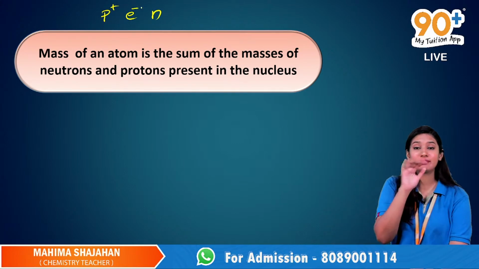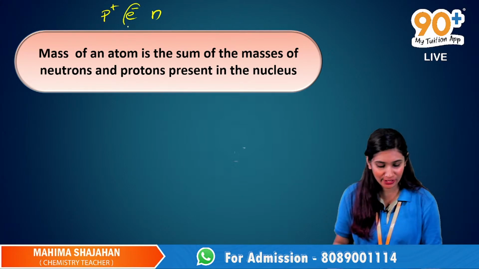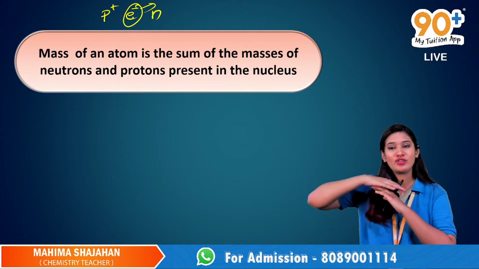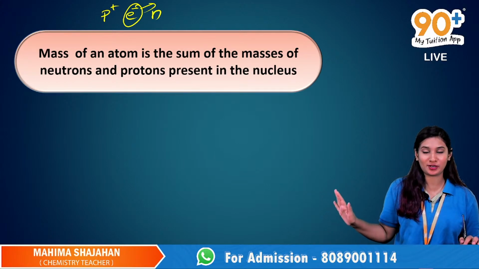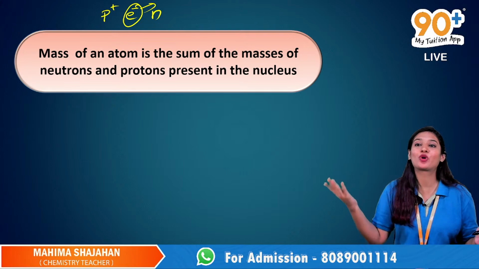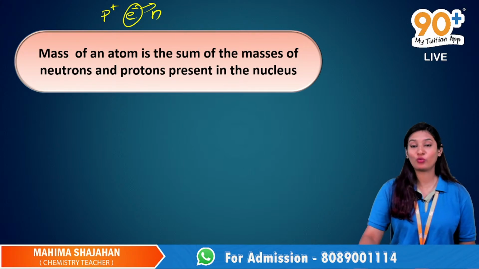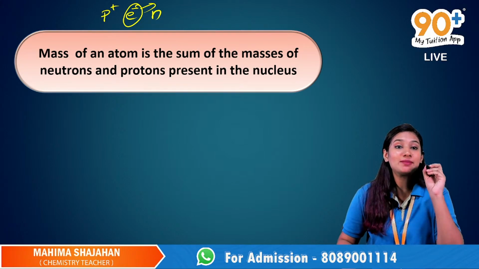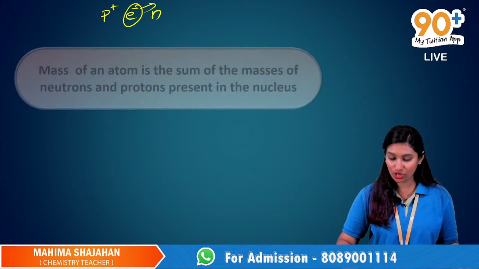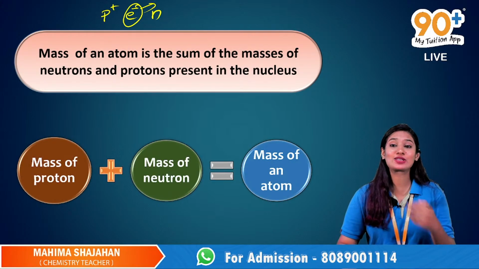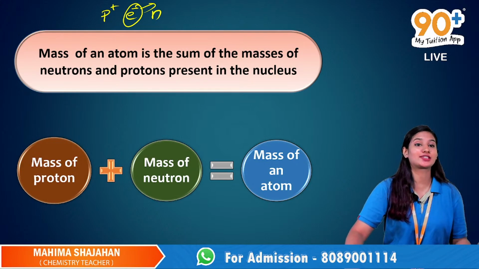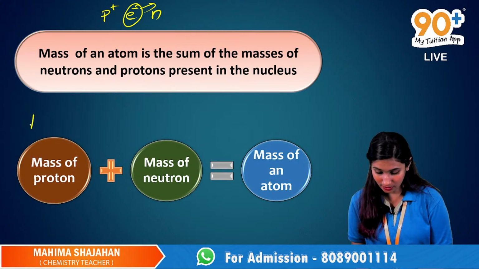We said that the mass of electron is negligible, so we are neglecting the mass of electron here. We have proton and we have neutron. So we can say that one atom's mass will be equal to the mass of proton plus mass of neutron. Now this is important.